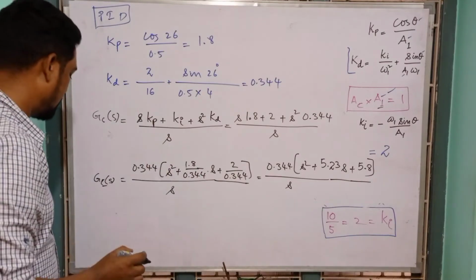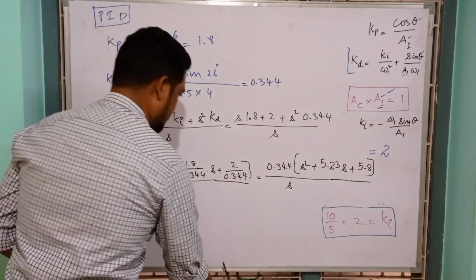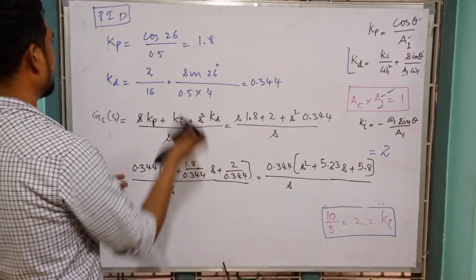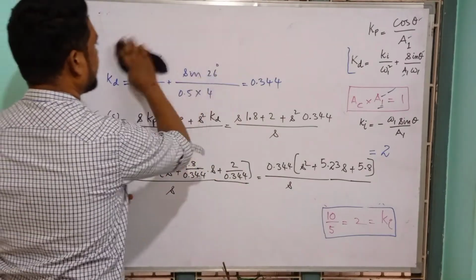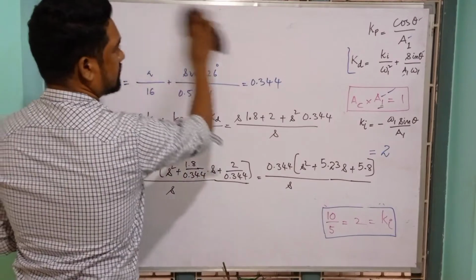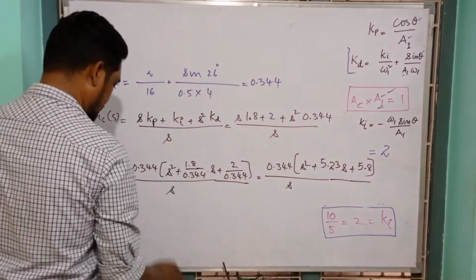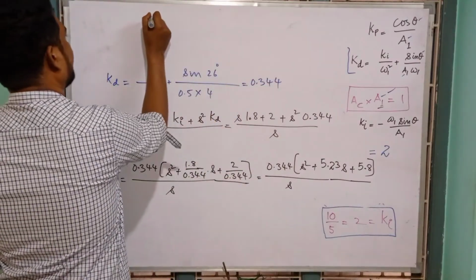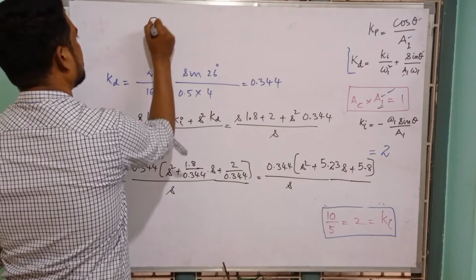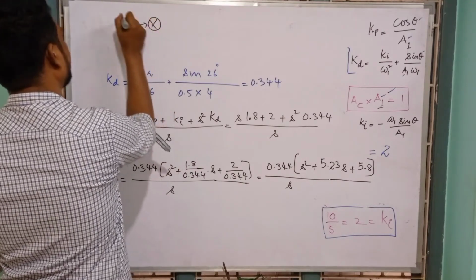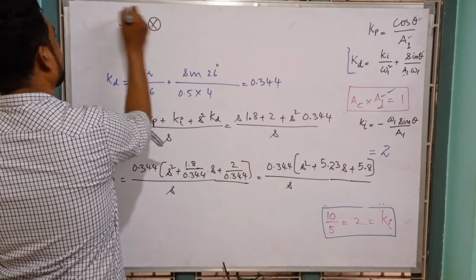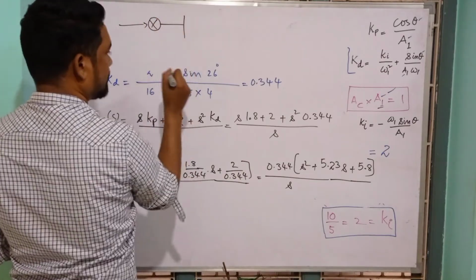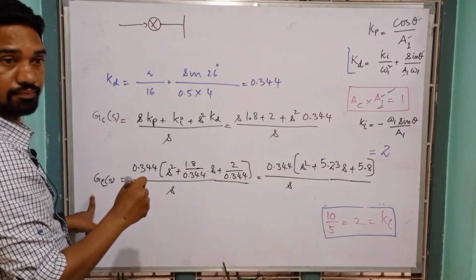Now what will be the final transfer function, I mean the compensated one? It will be like this one. So guys, it should be the PID controller. In a block diagram representation, the Gc(s) comes over here, right?